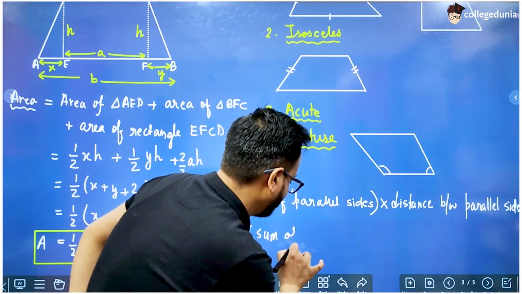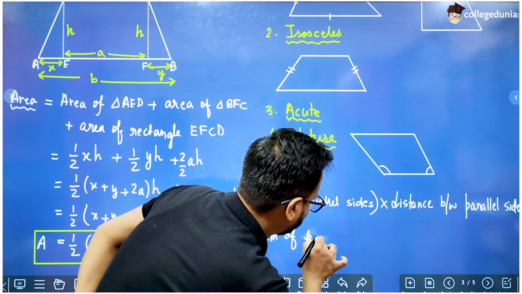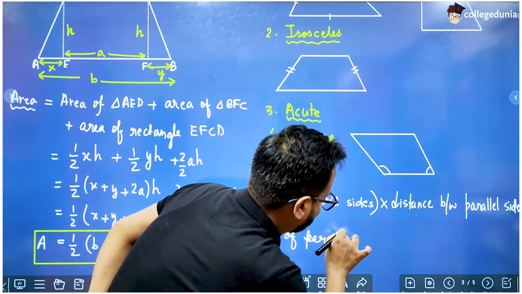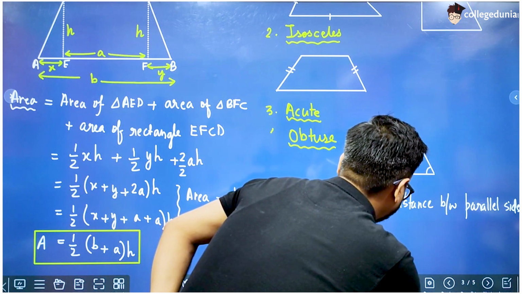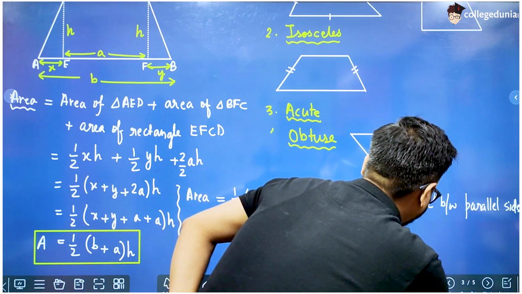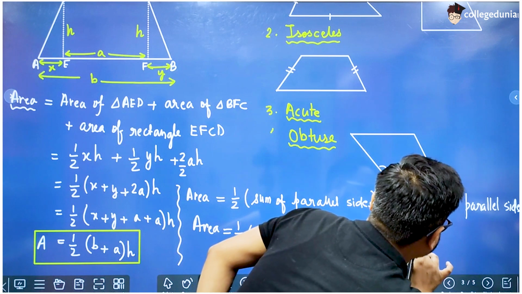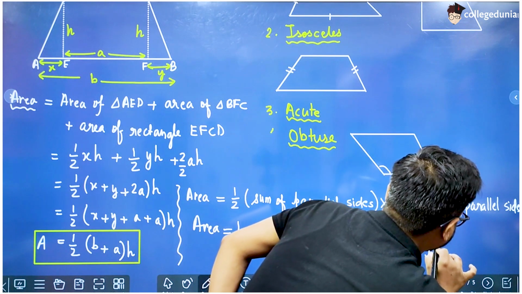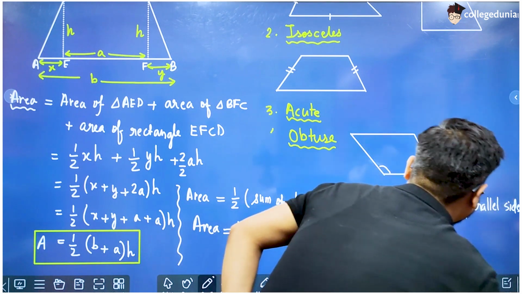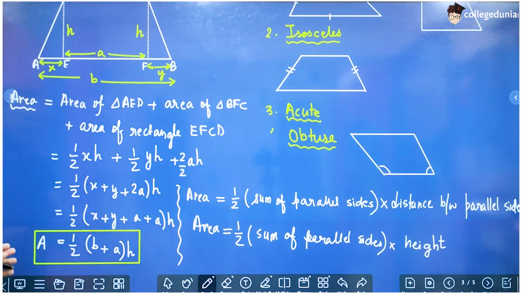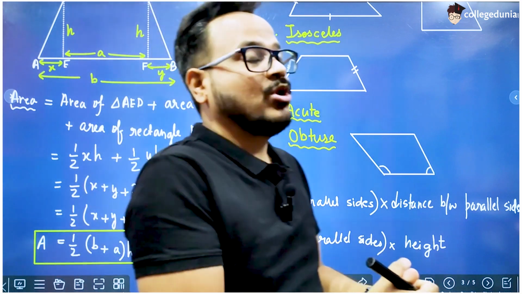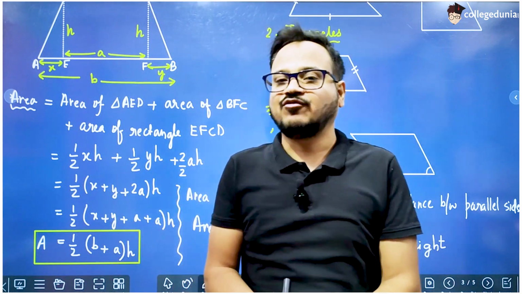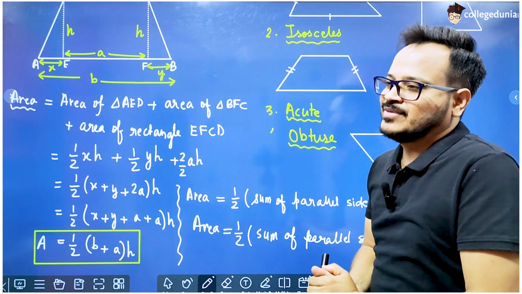Half into sum of parallel sides into height, right? So these are the types of trapezoids, the formula of the trapezoid, and the derivation of the formula.